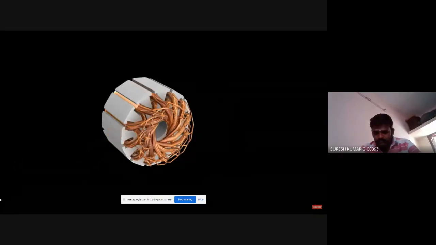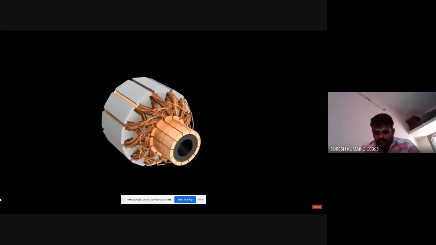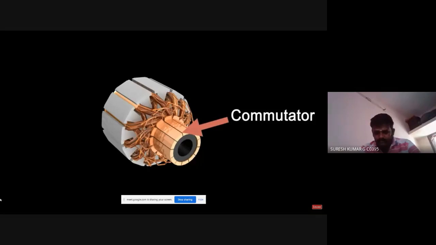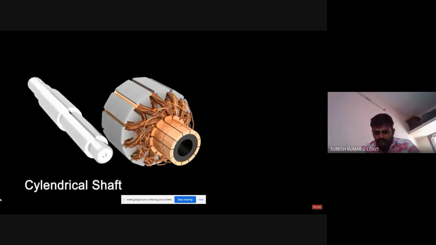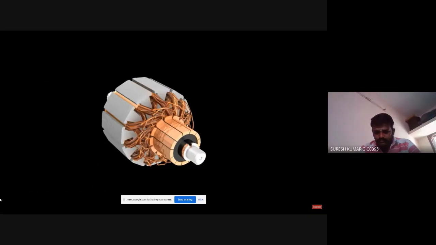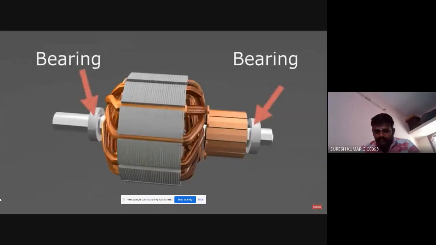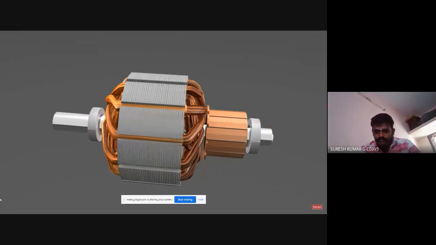Each coil gets connected to an external DC source by a pair of commutator segments arranged in the form of a ring. This complete assembly is housed over a cylindrical shaft made of high quality steel. Because of the bearings at both sides of the shaft, the rotor is capable of rotating between the field poles.